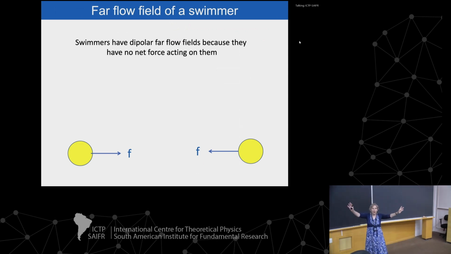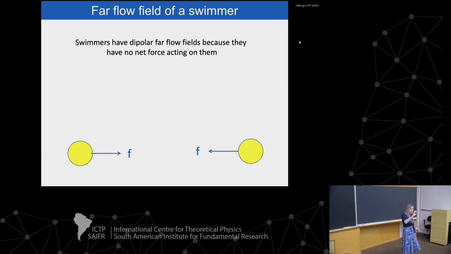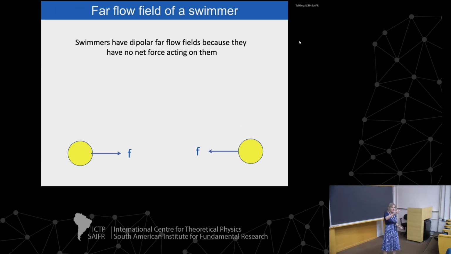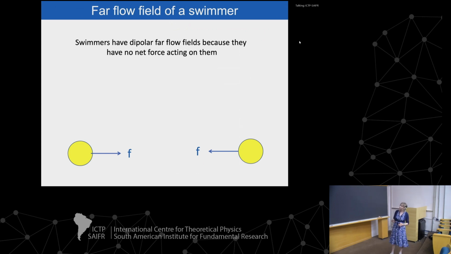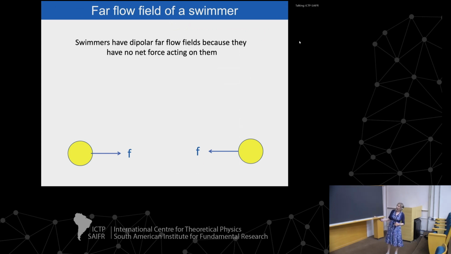I'm looking at the far flow field around a force distribution, which is my little swimmer. There's no net force because it's active, it's moving itself. So if there's no net force, what's the next possibility? The next possibility is a pair of equal and opposite forces. So let's add up the effect of those two forces.